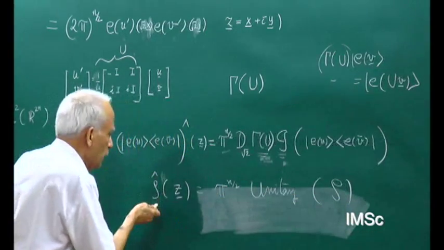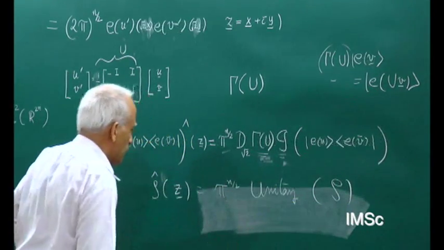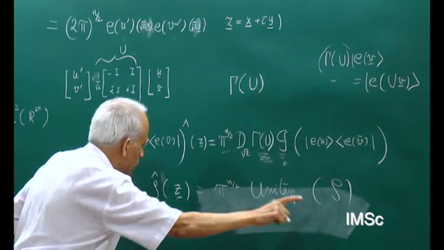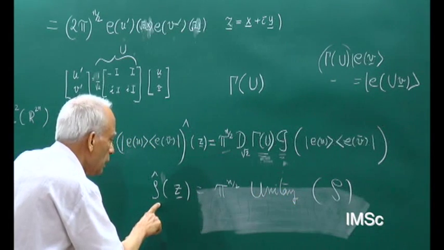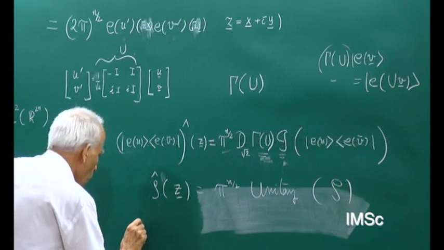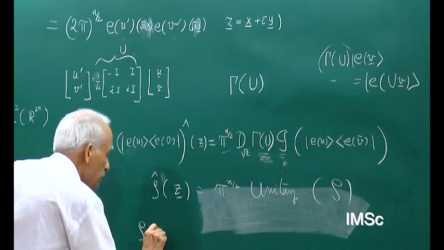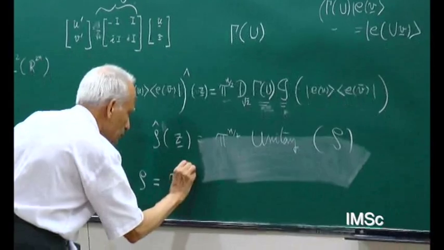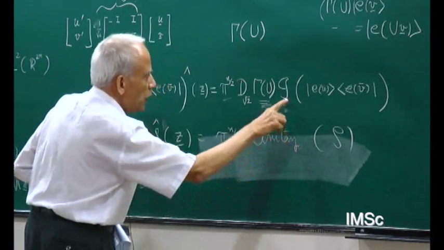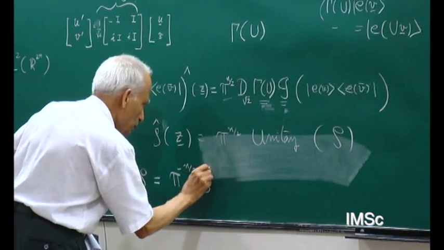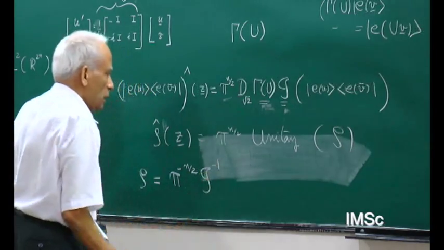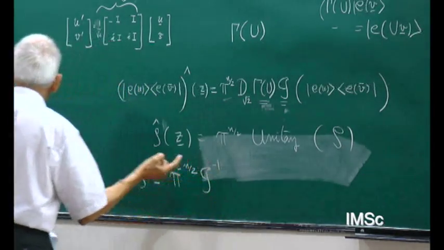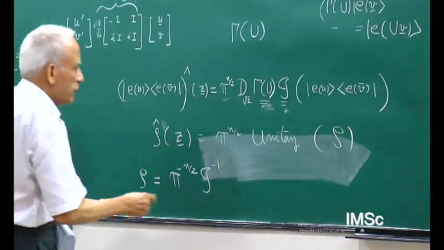In fact, all Hilbert-Schmidt operators it will extend. So because of this, rho is nothing but pi to the power minus n over 2, and you have I inverse, that is, from space of functions you go to the space of operators.